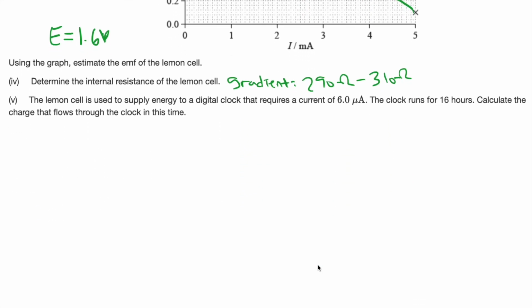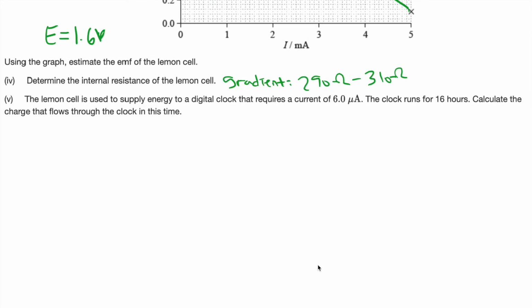A lemon cell is used to supply energy to a digital clock that requires a current of 6.0 microampere. The clock runs for 16 hours. Calculate the charge that flows through the clock in this time. So charge is equal to current times time.